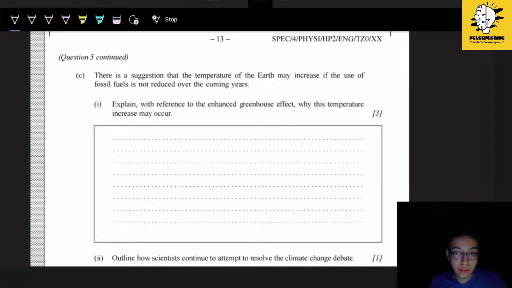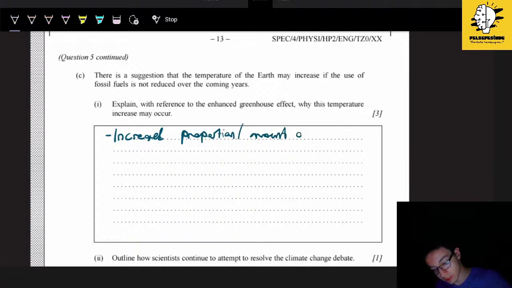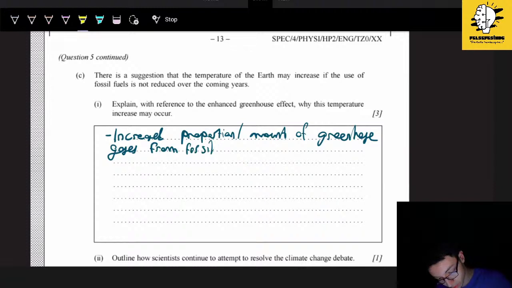Now, the reasons can be written in the form of bullet points here, and we will say the first thing is that there will be an increased proportion or amount of greenhouse gases from fossil fuels in the atmosphere.